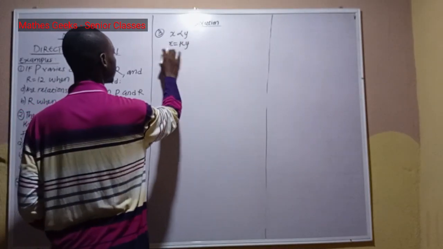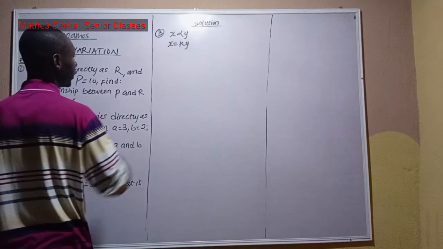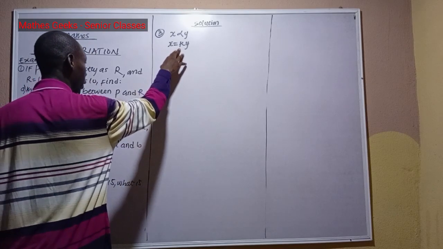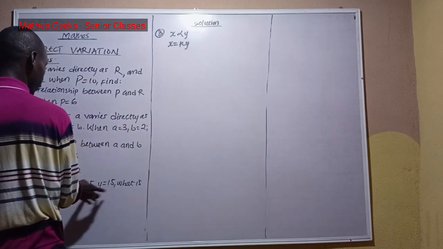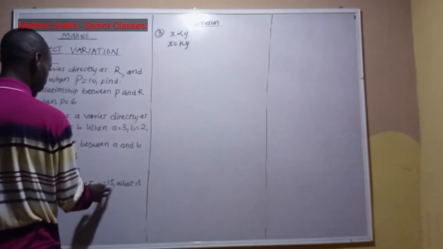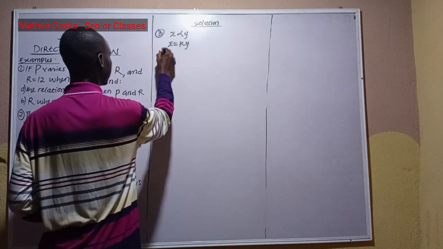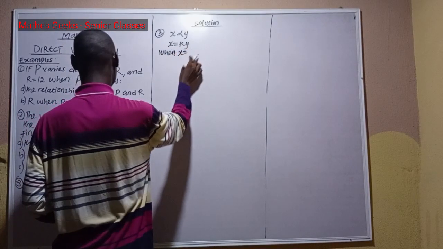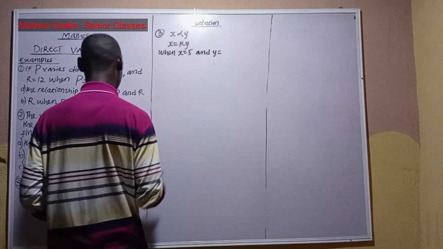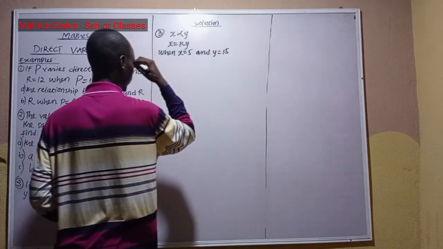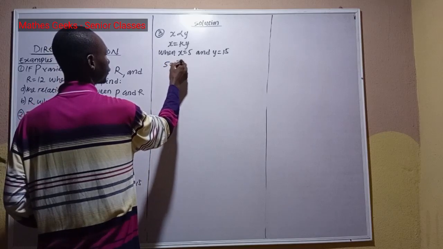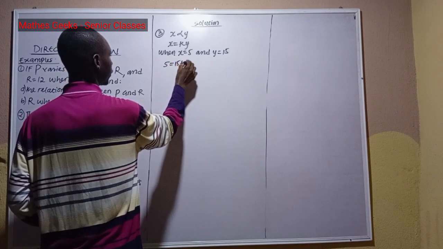So the first thing we need to do is get K, the constant of proportionality, by using the values given for X and Y. So when X equals 5 and Y equals 15, 5 equals 15K.